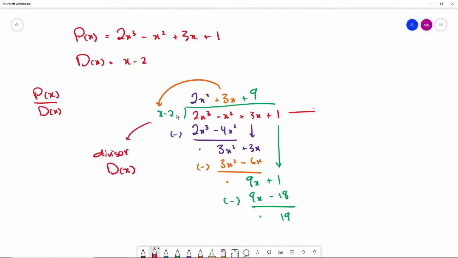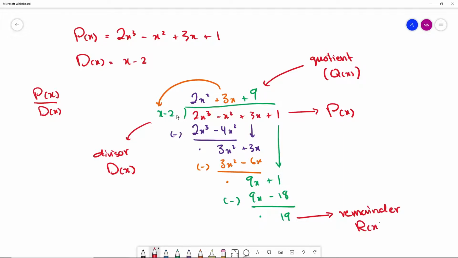This is our polynomial P(x). And then this is our quotient Q(x), and lastly we have 19 as our remainder represented by R(x).